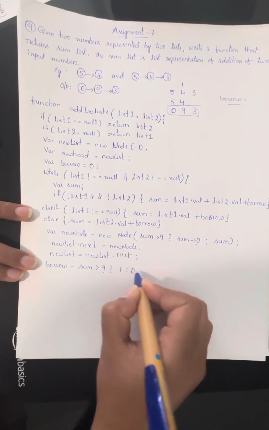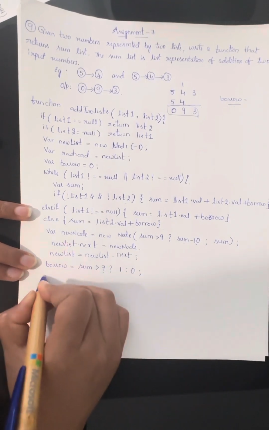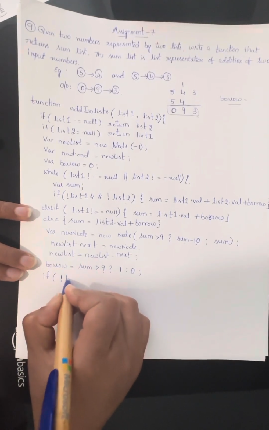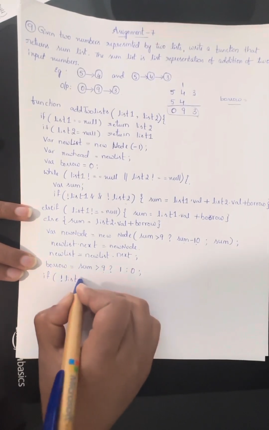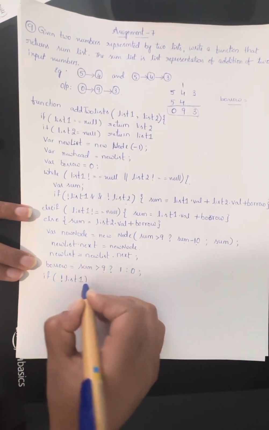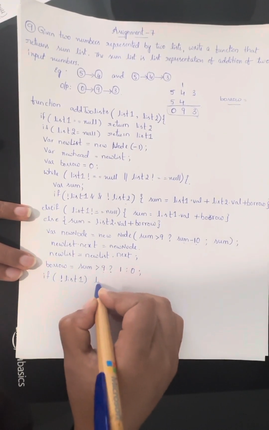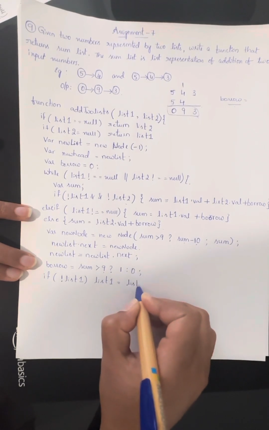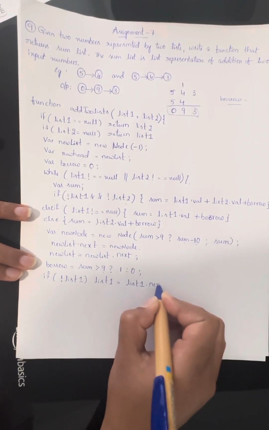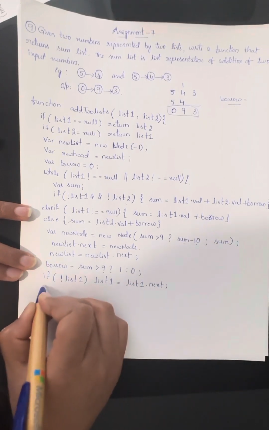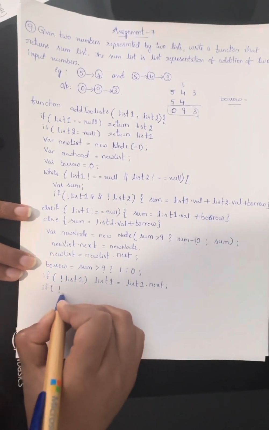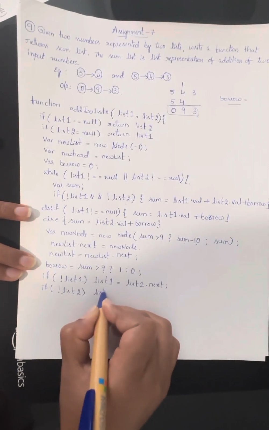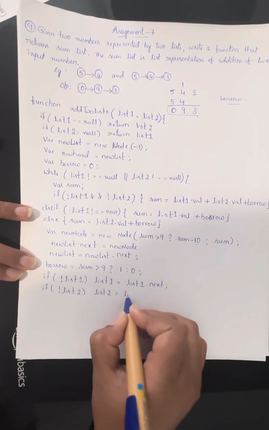If not, the borrow is 0. Then we check if list 1 is not null. If so, we update list 1 to list 1 dot next. Same goes with list 2: if list 2 is not equal to null, then we update list 2 to list 2 dot next.